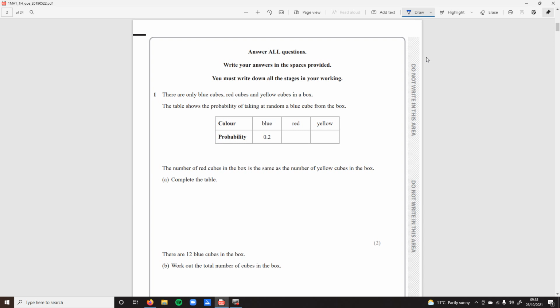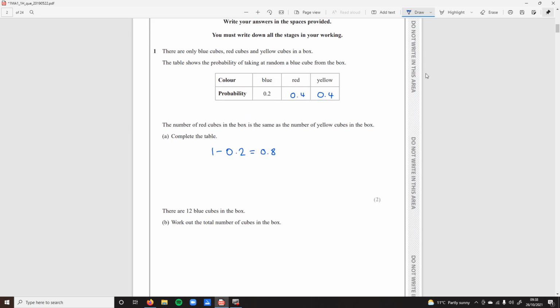So if we know that the blue cubes is 0.2, take that away from the 1, because 1 means like 100%. It's a 100% probability that you're going to choose blue, red or yellow. So if we take away 0.2 from 1, it's 0.8. Split that in half, you get 0.4 for each.